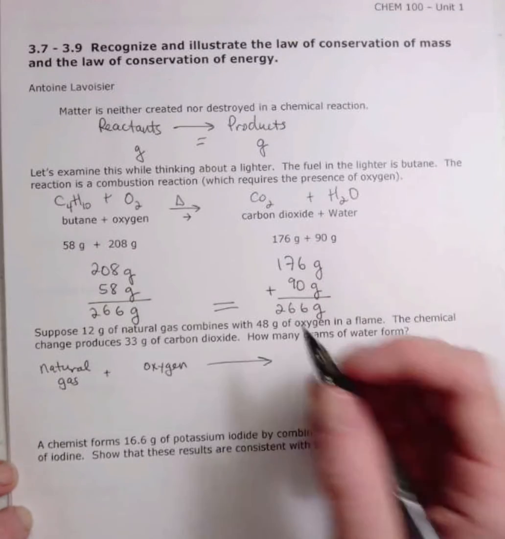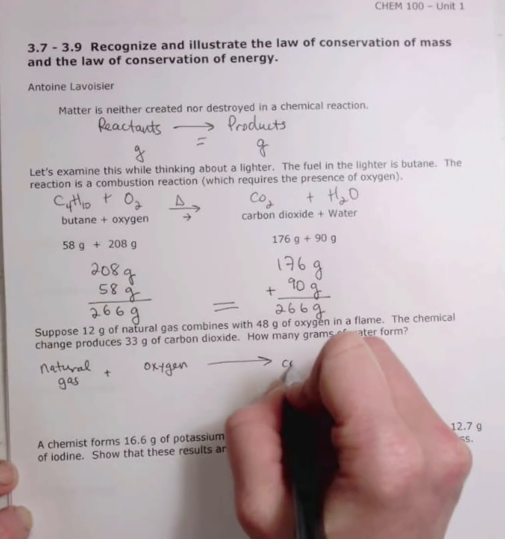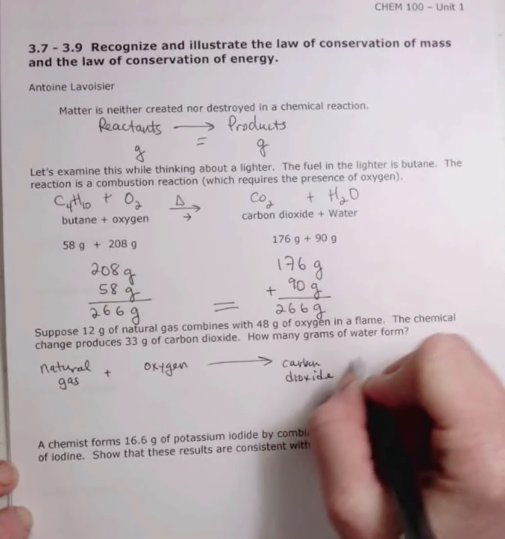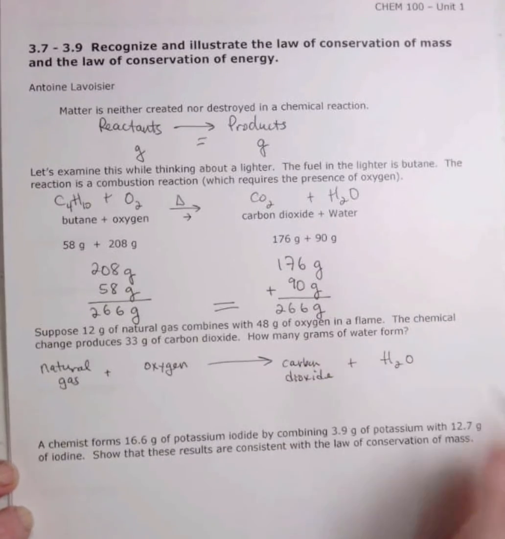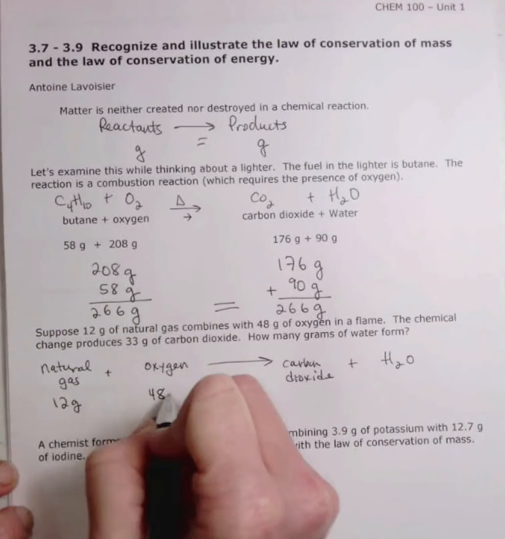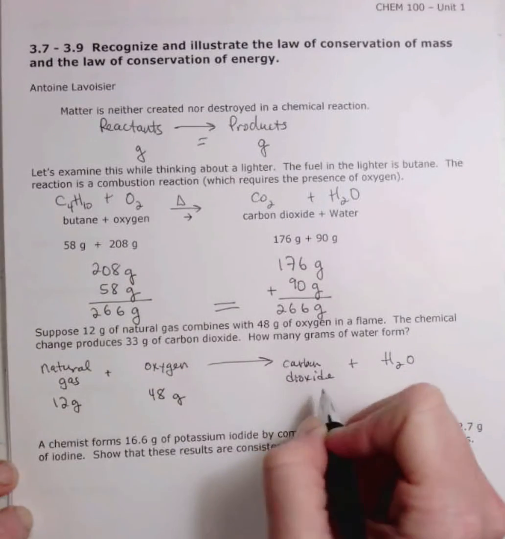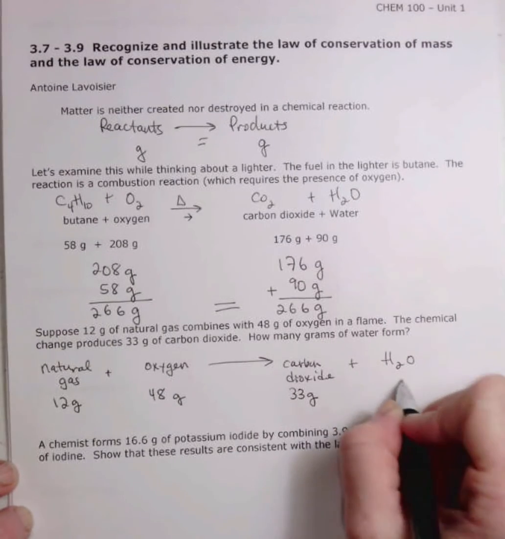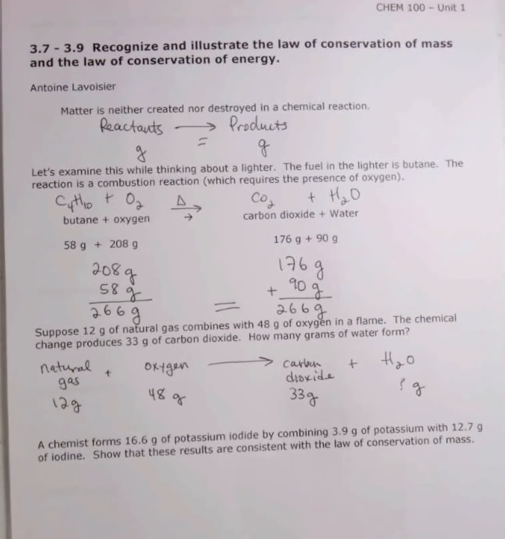The chemical change produces carbon dioxide and water. So 12 grams here, 48 grams here, then we have 33 grams of carbon dioxide, and we want to know how many grams of water.